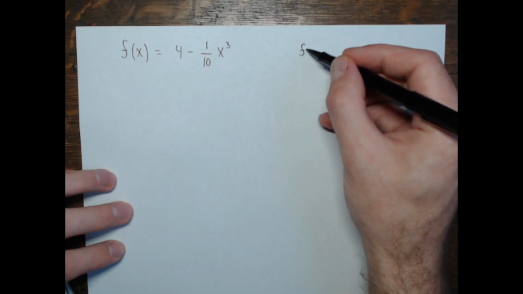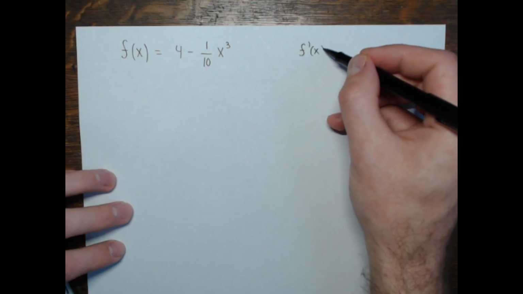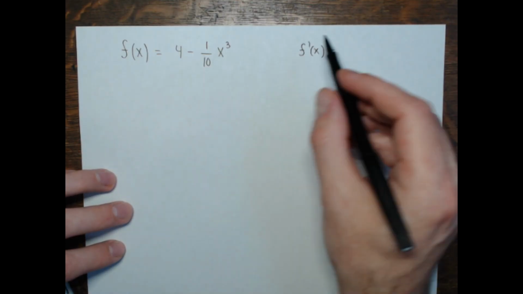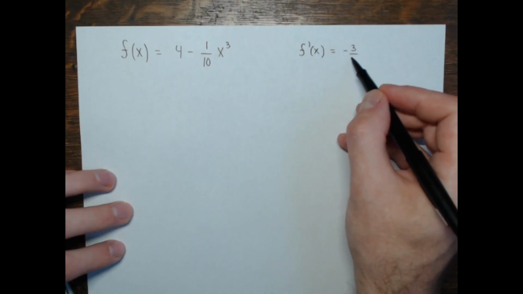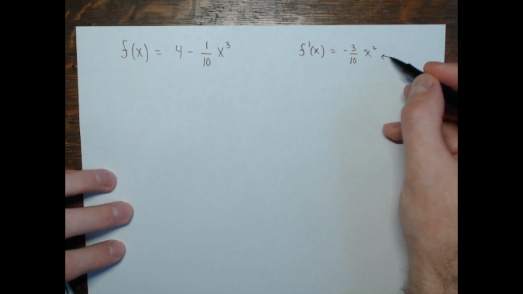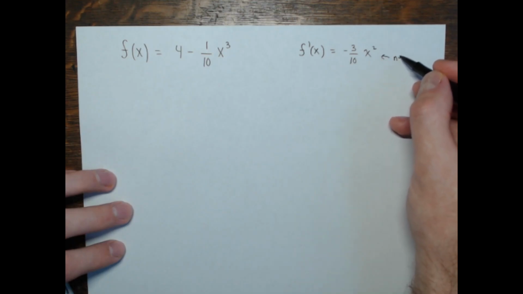Now the derivative of this will tell me that it's a decreasing function, right? If you take the derivative of this, it'd be -3/10 times x squared. And this is never going to be positive, right?